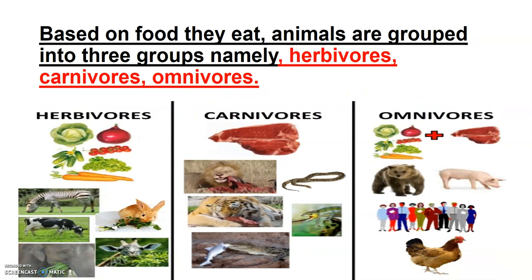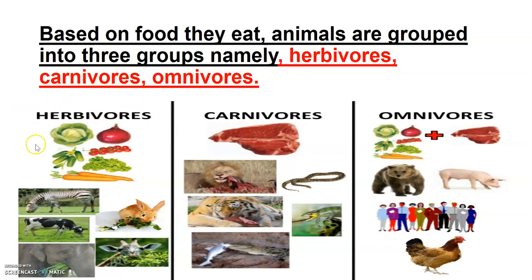Now we start with the last part of the chapter, which is categorizing the animals on the basis of their eating habits. So we are done with the humans. Now we are looking into the animal kingdom. If we observe how animals are eating, then we categorize these animals into three groups: herbivores, carnivores and omnivores.